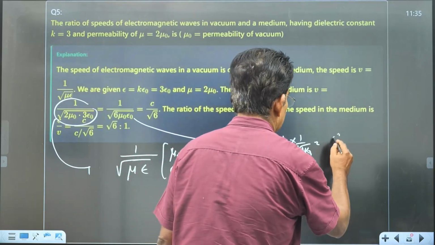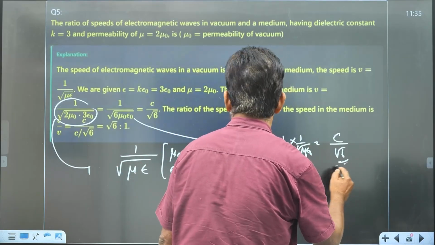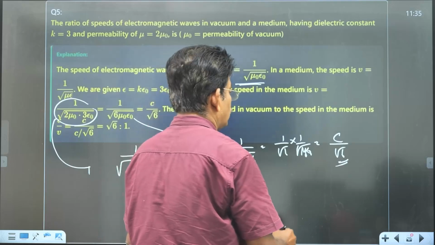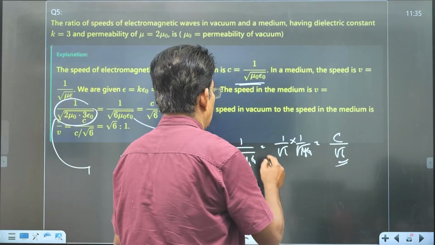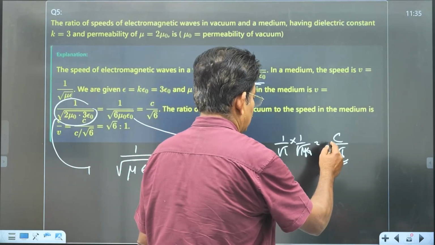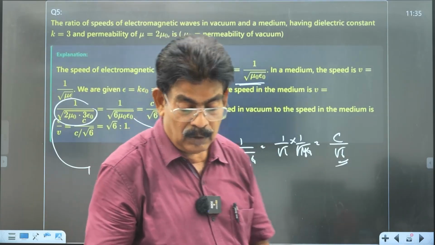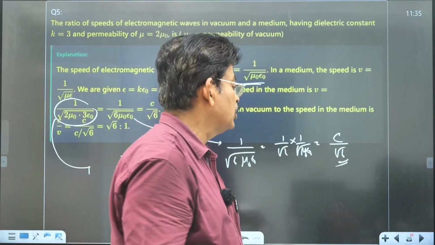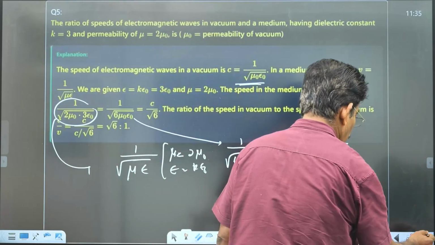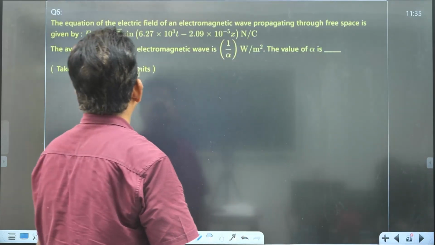This is c, so that is c by root 6. Therefore, the ratio of the speeds in vacuum to the medium: in vacuum it is c, in the medium c by root 6, so the ratio is root 6 is to 1. So direct question. Now coming to the next question.